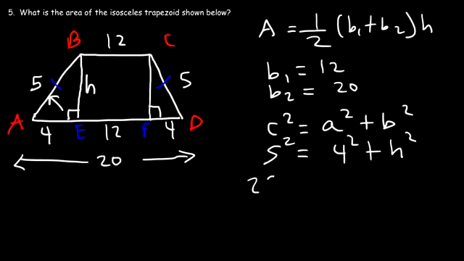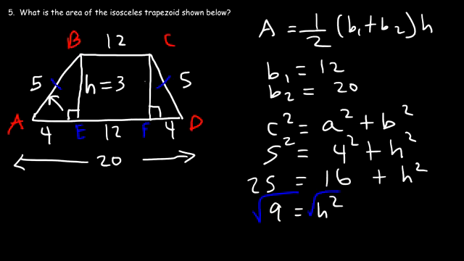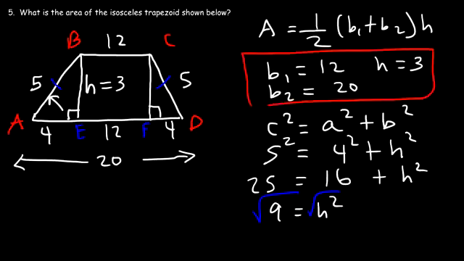5 squared is 25, 4 times 4 is 16. And 25 minus 16 is 9. So h squared is 9. And if we take the square root of both sides, we can see that h is equal to 3. So now that we have the value of h, we can calculate the area of the trapezoid using this formula.